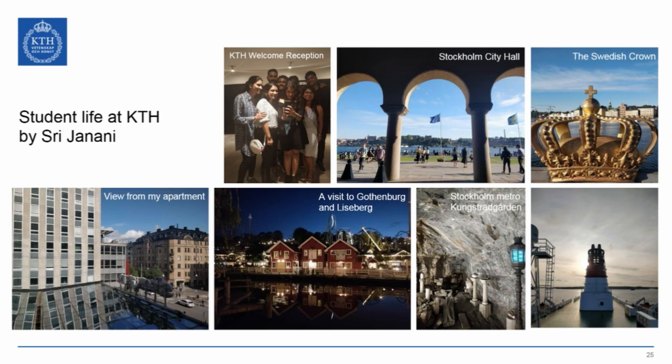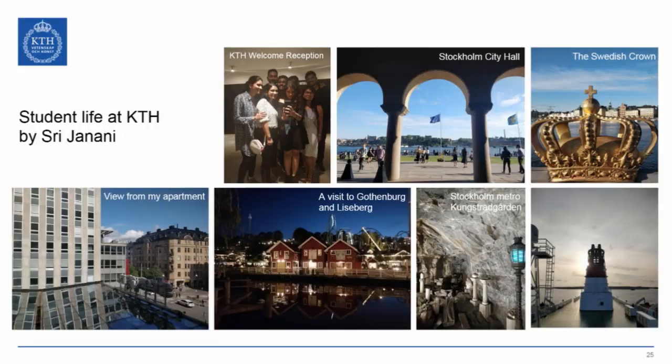Yeah, and I was fortunate enough to go to Gothenburg, which is another city in Sweden, to Liseberg Amusement Park, the big amusement park on the west coast. One of the biggest in Scandinavia. So it was really fun. And then I had an opportunity to go to Finland on a cruise, and that's the view from the deck you can see on the screen.